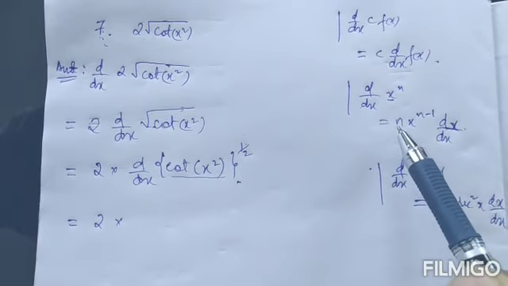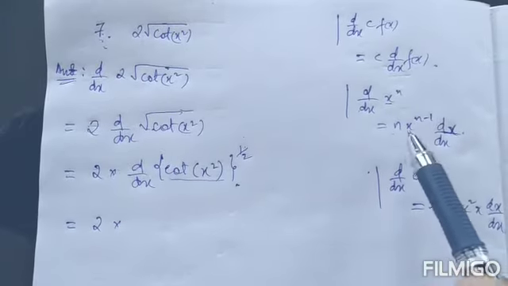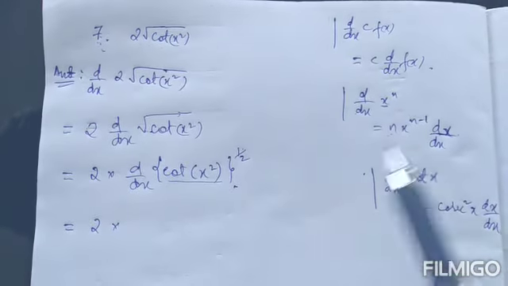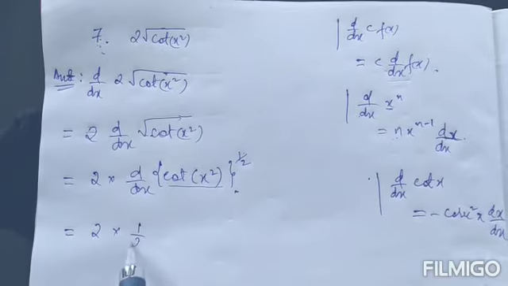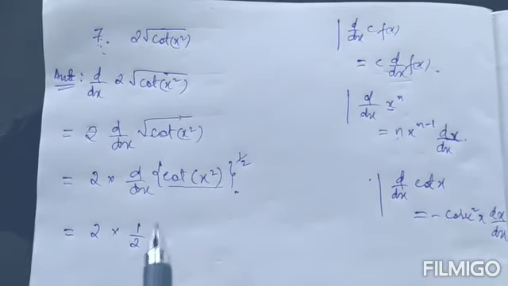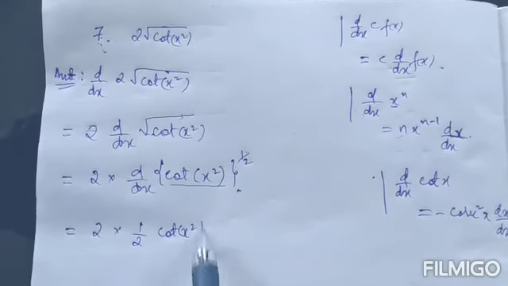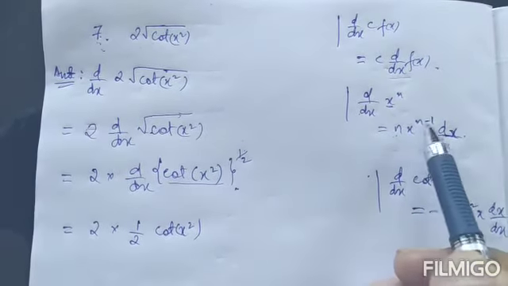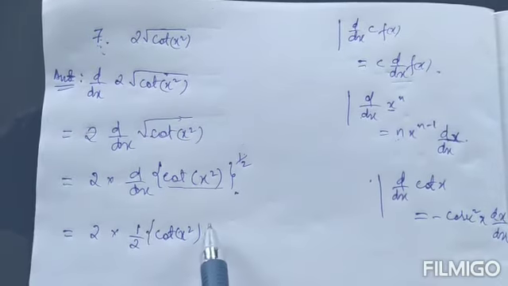So in the formula we have n, then x power n minus 1. First n, which in this case is 1 by 2, and then x, which is cot of x square. Power is n minus 1, that means 1 by 2 minus 1.